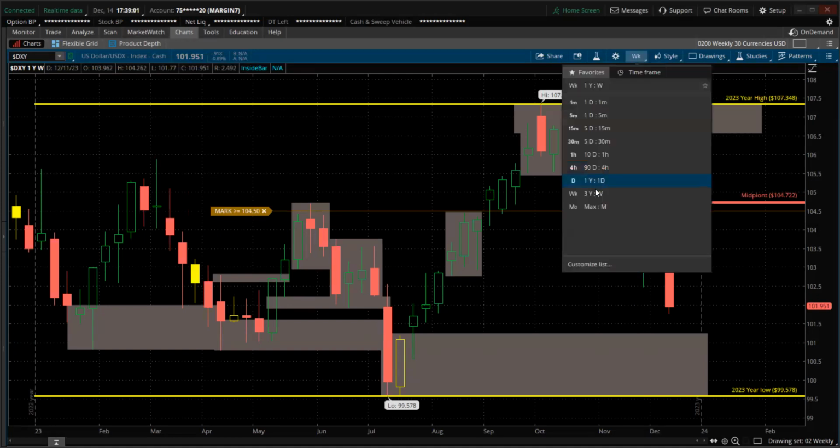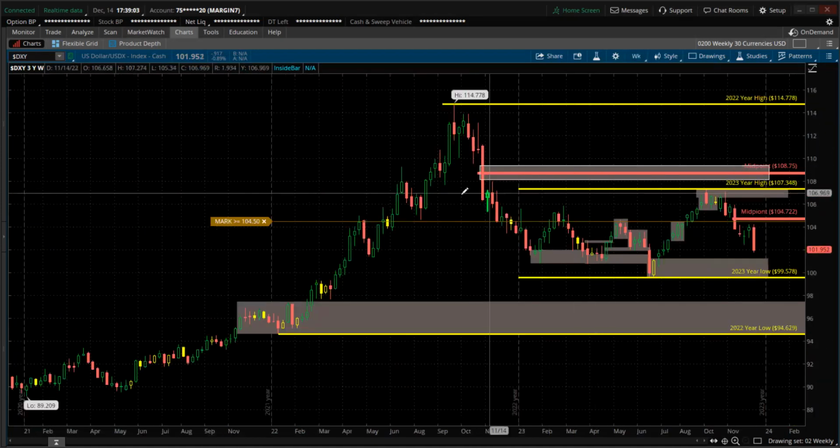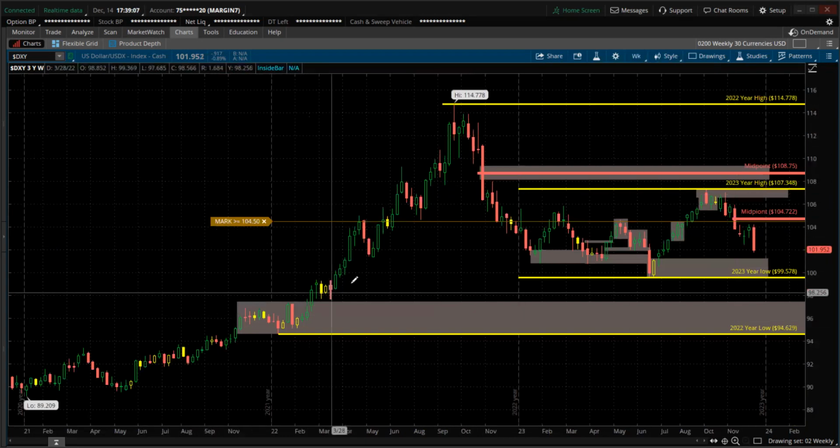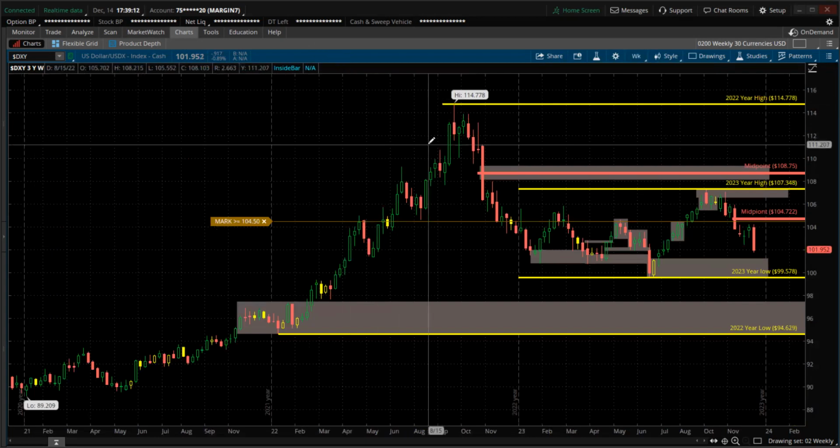We're looking here on a 3-year weekly chart. That means a 3-year time frame. Each candle is a week. This US dollar index is comprised of several currencies. The top three, by weighted average: the euro makes up a little more than 57% of the US dollar index, followed by the Japanese yen at 13.6%, and the British pound at 11.9%.